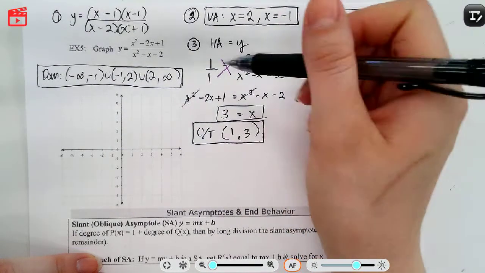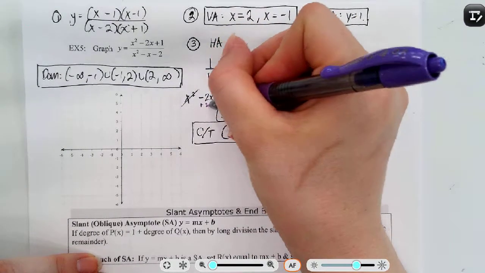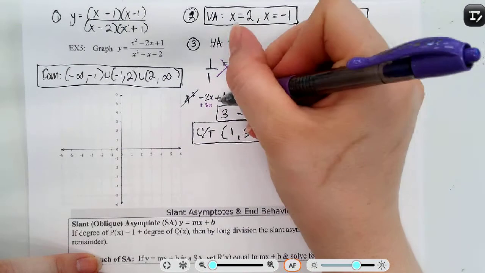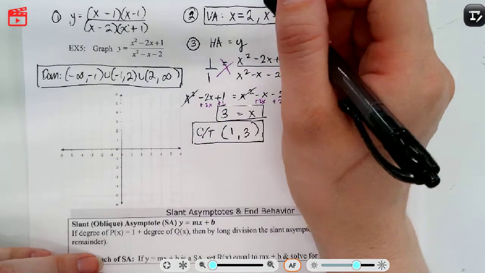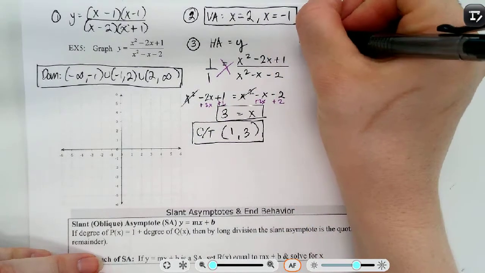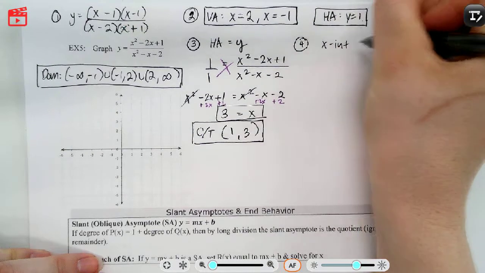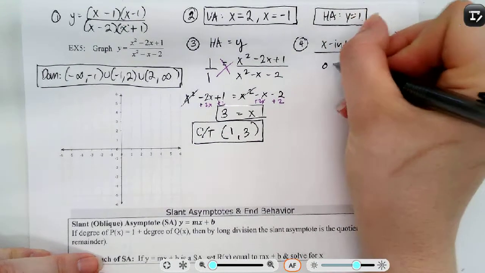Let me just make sure that was right real quick. Yeah, adding 2x, that'd be 1, adding 2. Yeah, awesome. All right. Next step, intercepts. For my x-intercept, I'm setting y to 0.